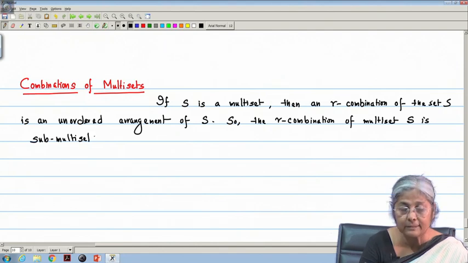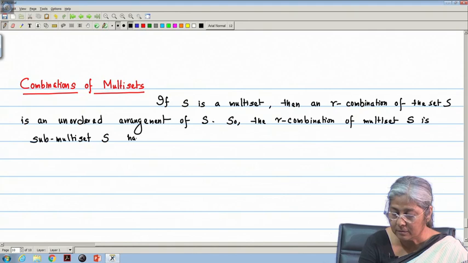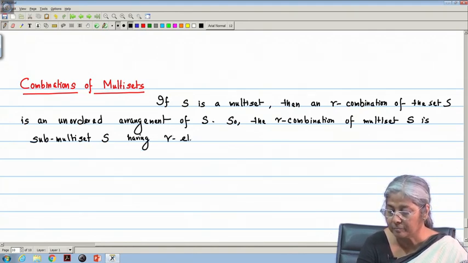So, I can tell this is a sub multiset of S having R elements, because I am considering R combination.